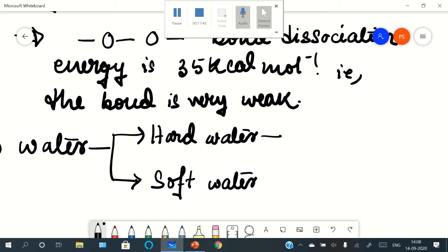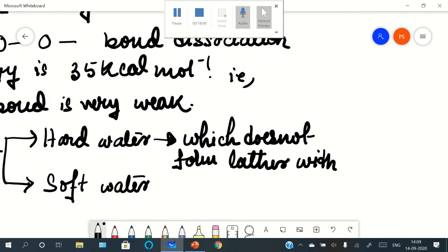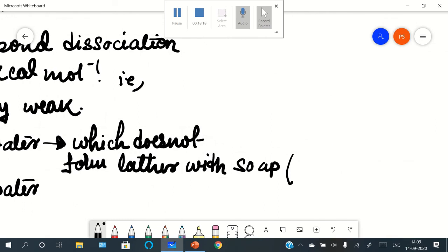Hard waters are those waters which do not form lather with soap. In fact, it forms insoluble scum with soap.